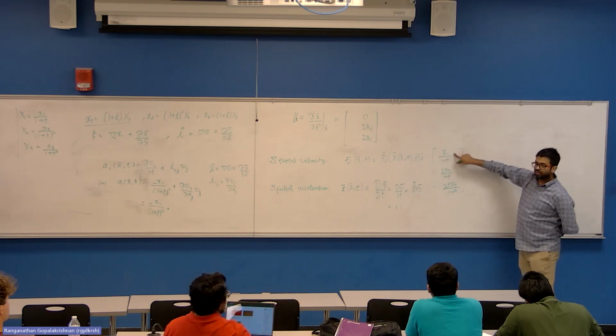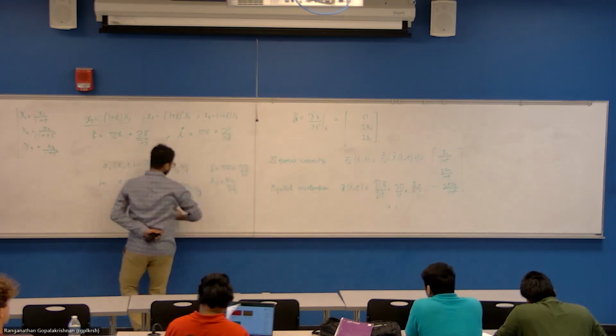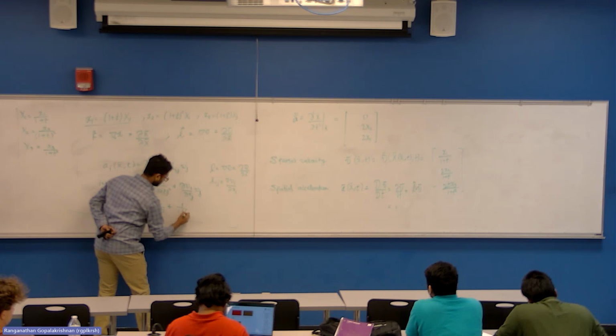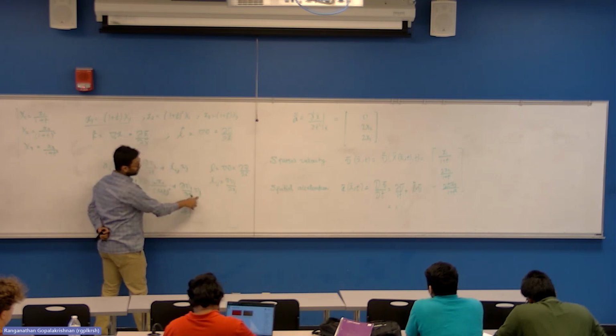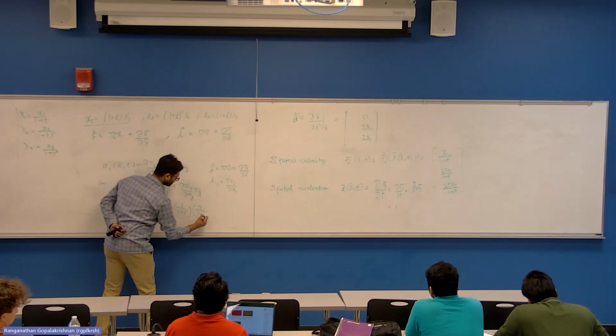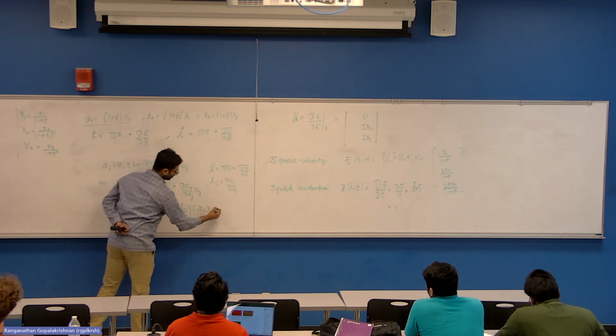V1 depends only on x1. So this is like writing plus 1 over 1 plus t, multiplied by whatever V1 is, which is x1 over 1 plus t. And this turns out to be 0.